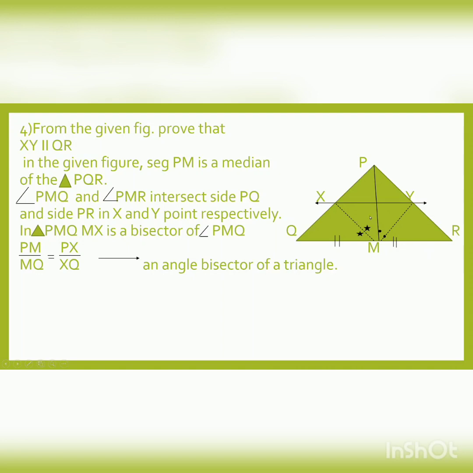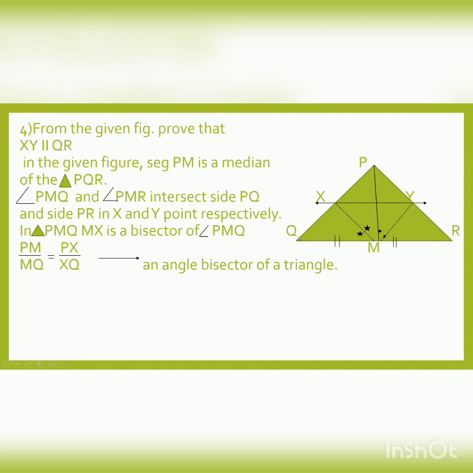So, in the first triangle PMQ, MX is a bisector of angle PMQ. So, using the angle bisector theorem, write the ratio PM upon MQ is equal to PX upon XQ. This ratio starts from the P vertex.